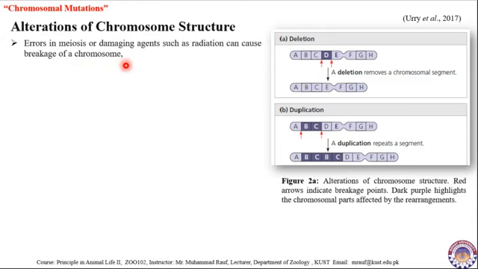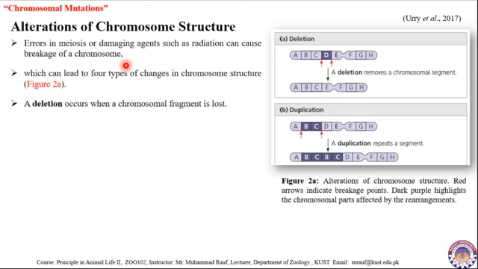Chromosomes are usually fragile at the ends, so there are chances of breakage at the ends, and when a segment is detached from one chromosome, this segment can attach to another chromosome because of having sticky ends.